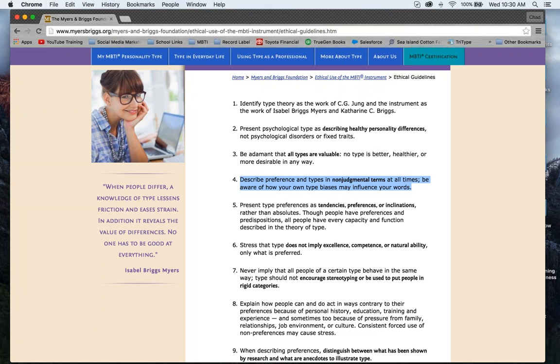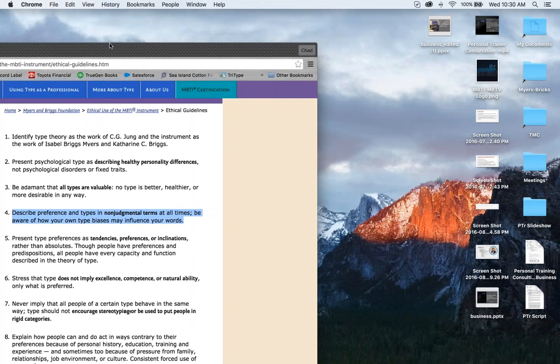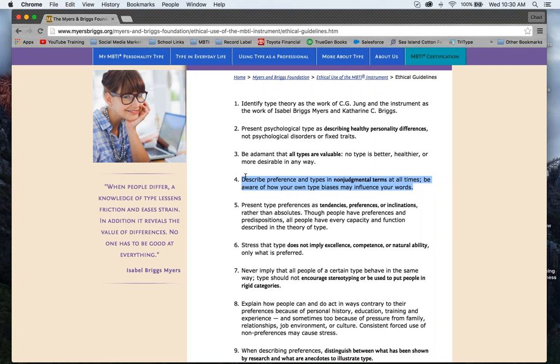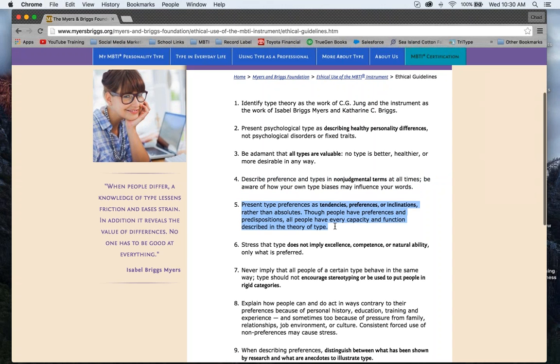Again, it's non-judgmental. I'm not trying to slant one way or another, and that's part of what the typing process is actually about: making sure we're being fair in identifying someone's type. Present type preferences as tendencies, preferences, or inclinations rather than absolutes.